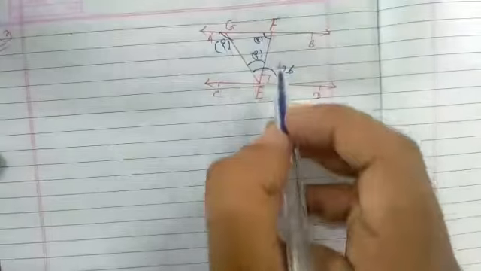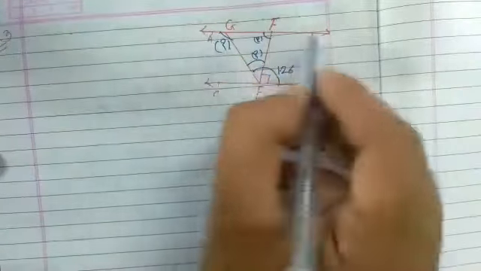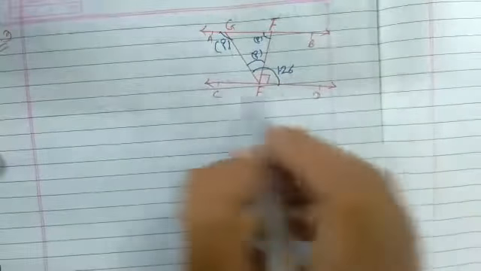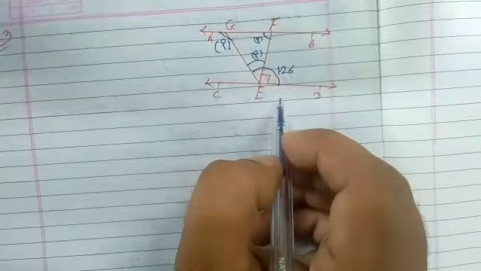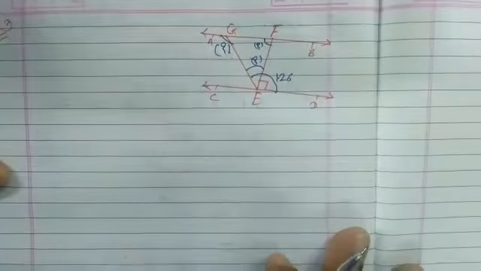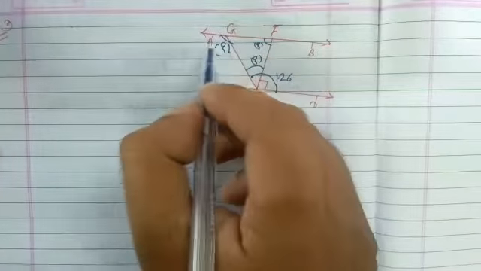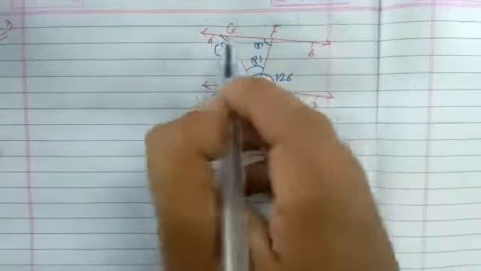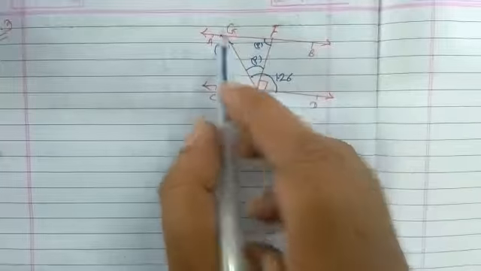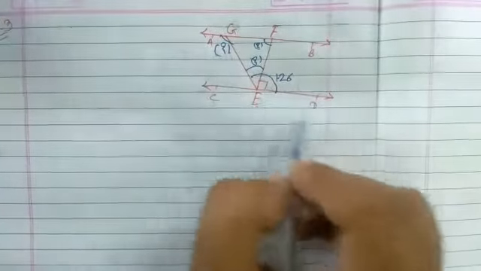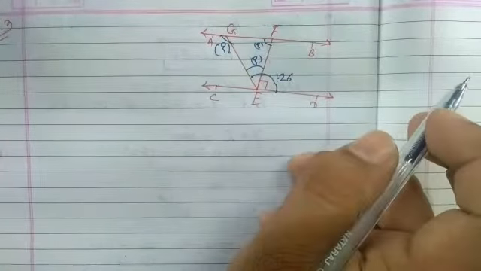First, we can see that if AB and CD are parallel lines, then AGE and GED are both alternate interior angles.